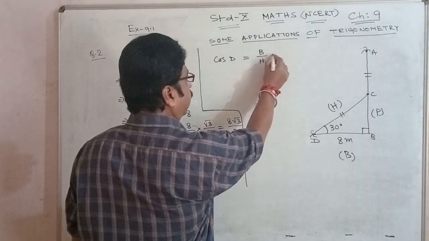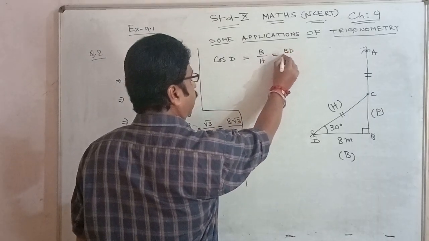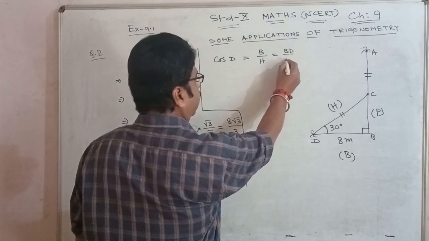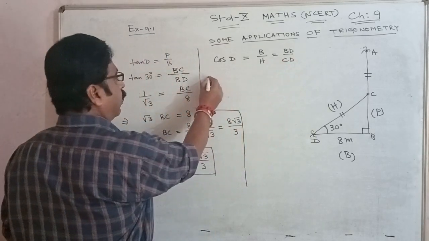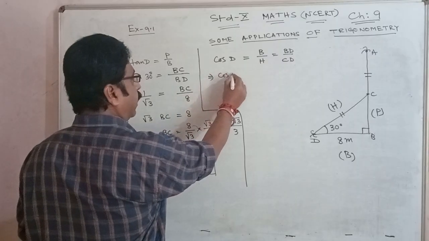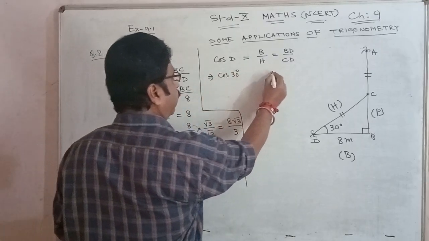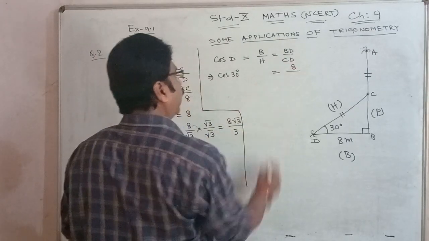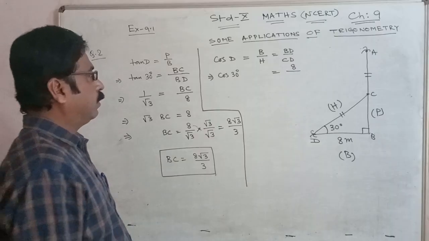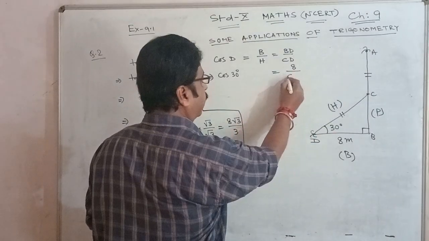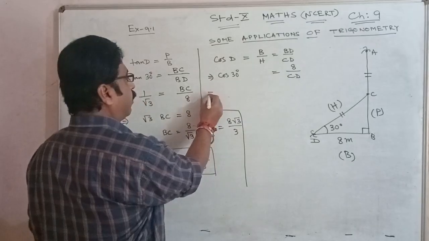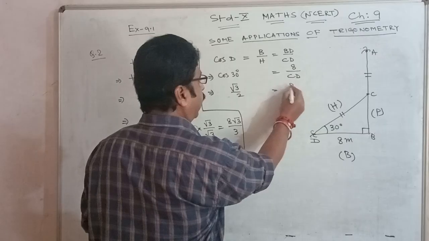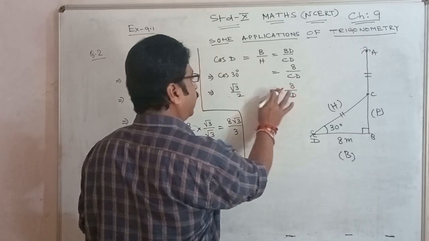Base means BD. Hypotenuse, that is unknown. It will be CD. Cos 30 degree equals to BD is how much? 8. And CD is unknown. Cos 30 degree will be root 3 upon 2, 8 upon CD.